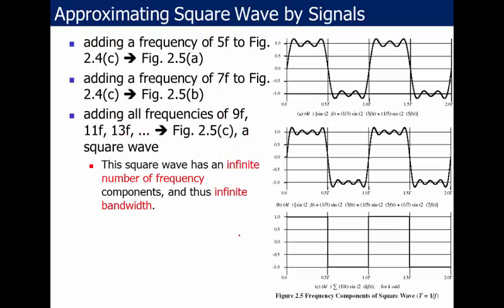So if we do that more and more, we add, this may be two signals, then more signals, more signals, more signals. Digital communication. So finally, our digital communication is like this.